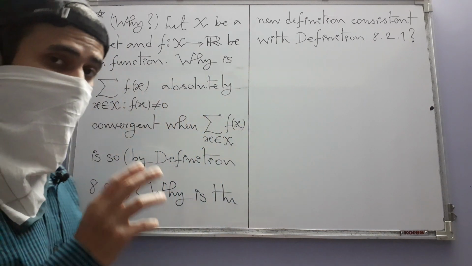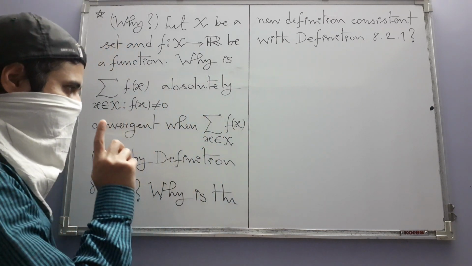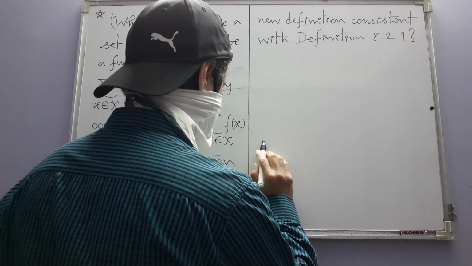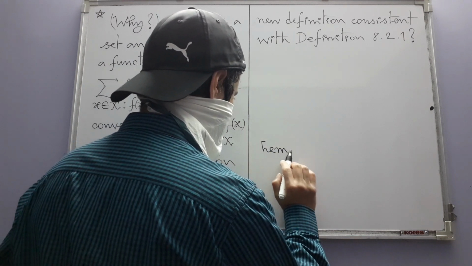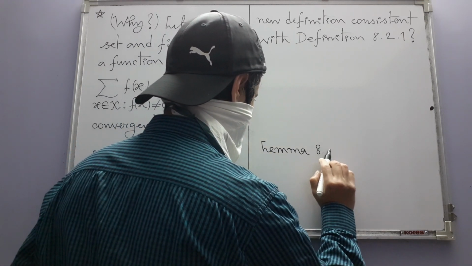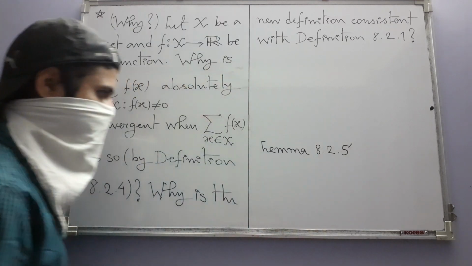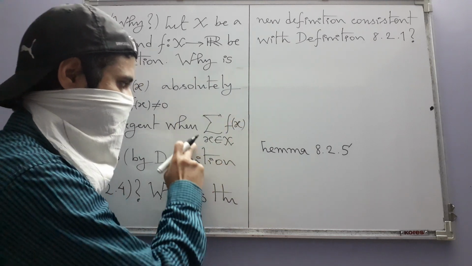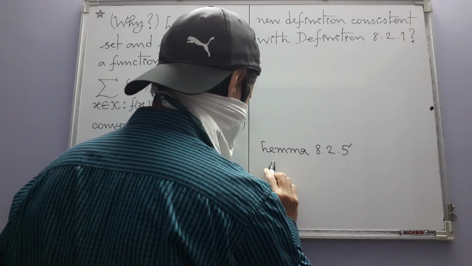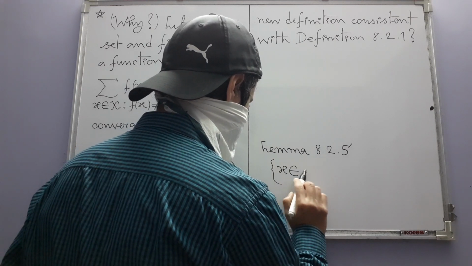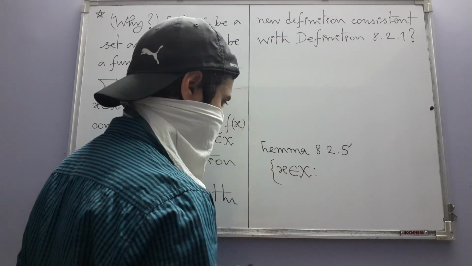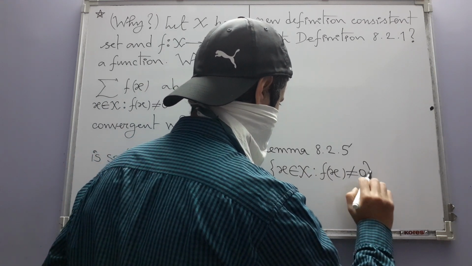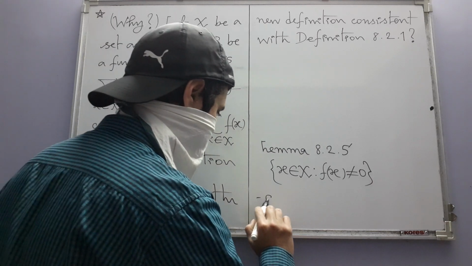We have, however, proved one thing in, I think if I am remembering it correctly, lemma 8.25. In lemma 8.25, we proved that when this is absolutely convergent, then this set, the set of elements of X at which f does not vanish, is at most countable.